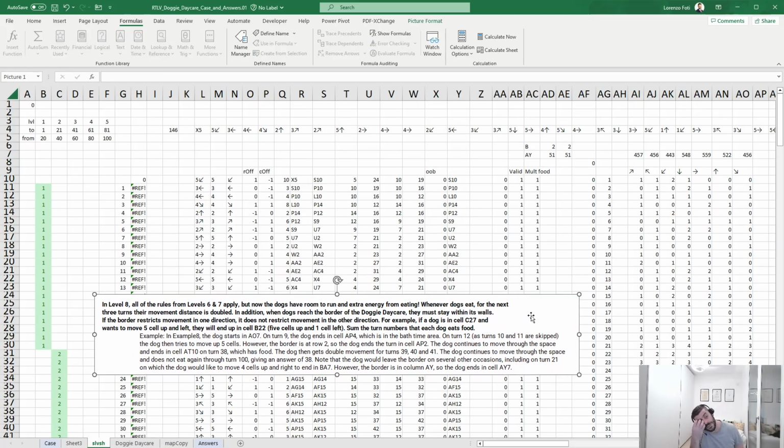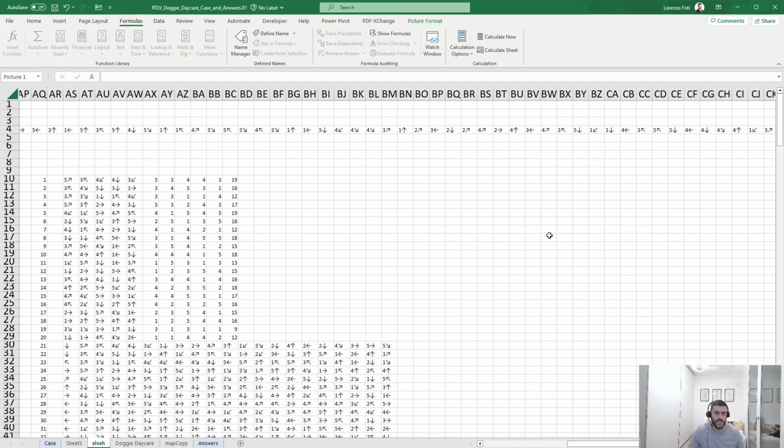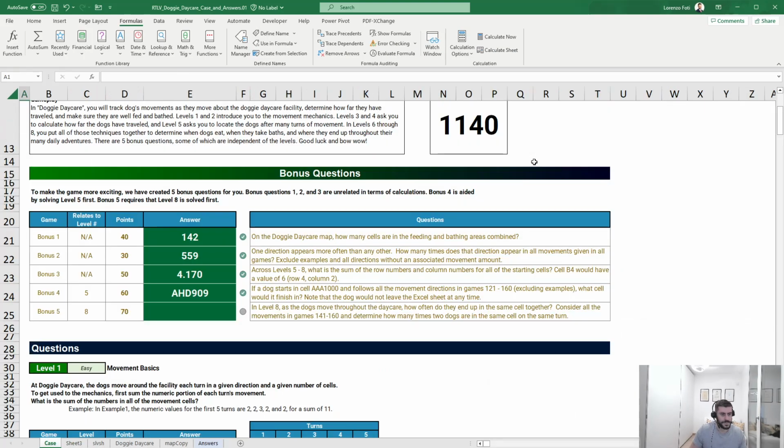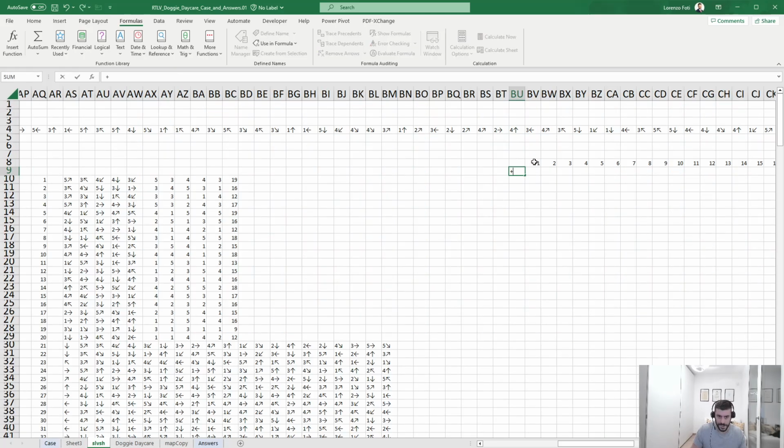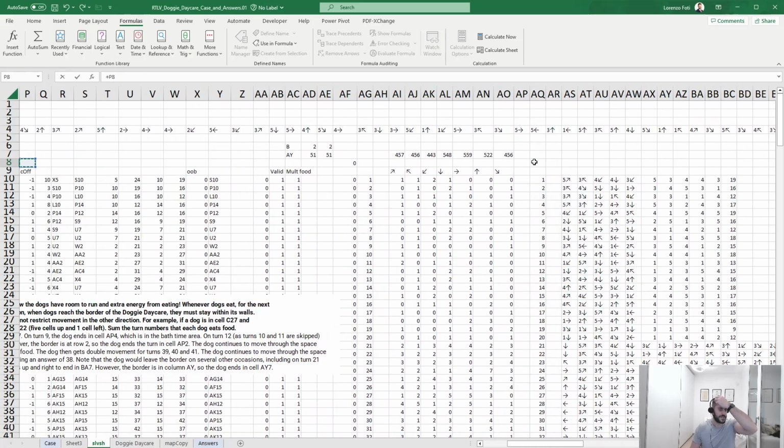That's an interesting question because basically, what I probably need is a data table in which I have the 100 turns here. I have the games 141 to 160, so 20, 141. And I want to know which cell they are in.